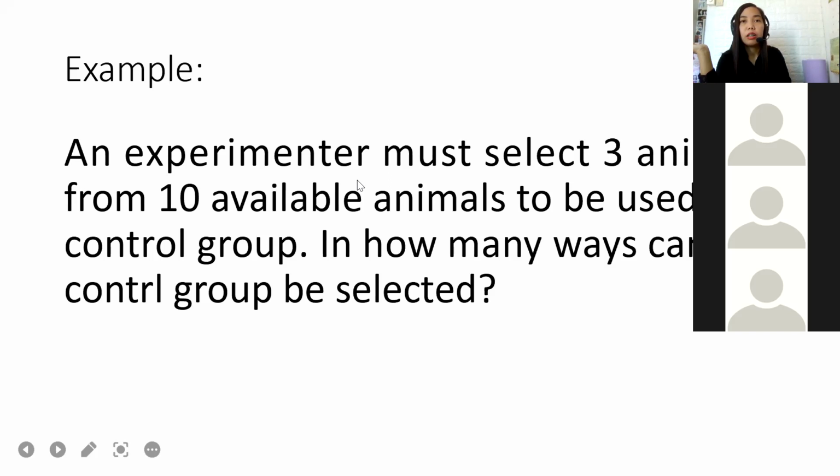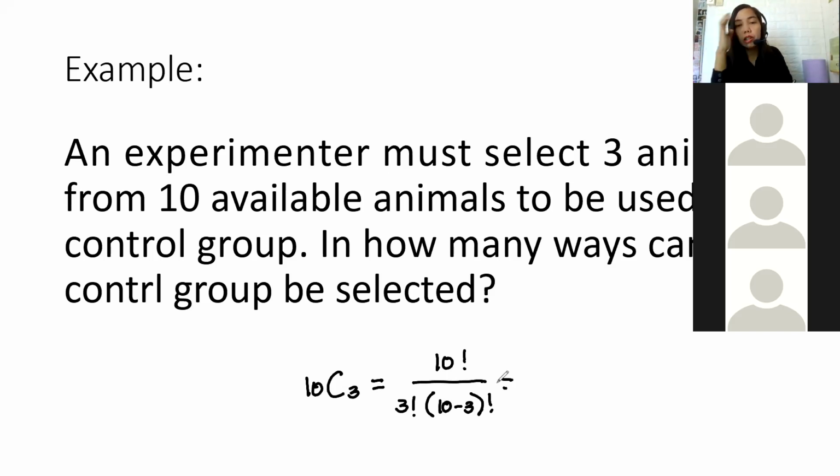NCR. Our N is 10, combination 3. So, we have 10 factorial over R, 3 factorial times N minus R, 10 minus 3 factorial. Pwede din dito mag-simplify, class.